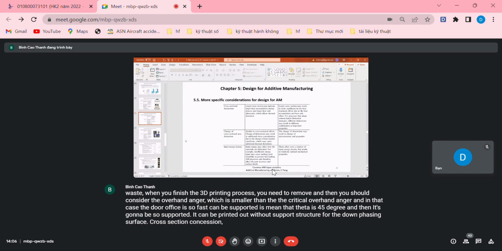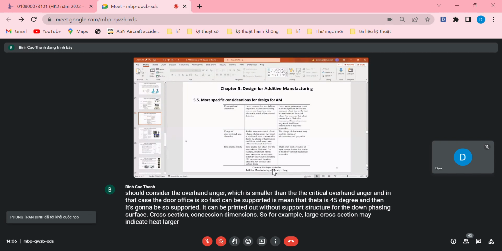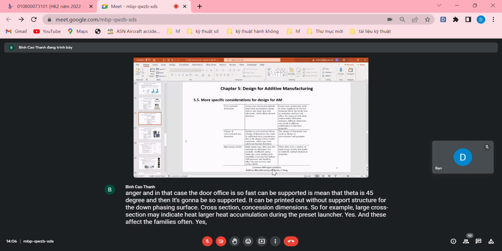Cross-sectional dimension. For example, a large cross-section may indicate larger heat accumulation during the process, and this affects the thermal distortion. It's related to the scanning strategy.